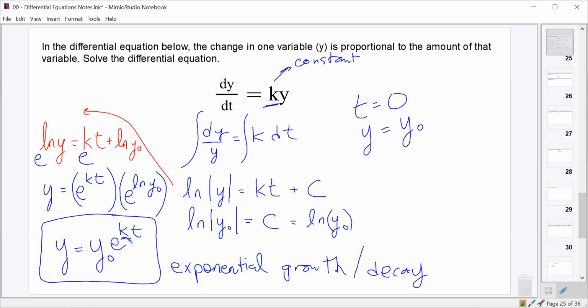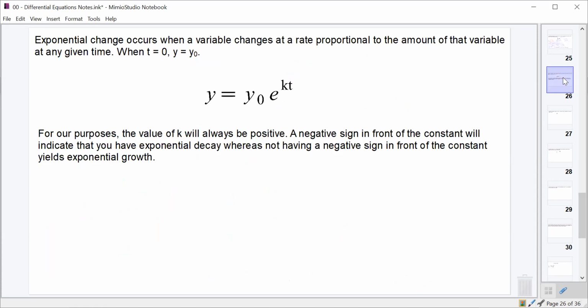So just a couple things we want to remember about this, and we should all have used this formula before in a pre-cal or an intermediate algebra, integrated math 3 course. But that k is always going to be a positive value. Now, sometimes what we'll do is if we want decay, we will just throw a negative sign in front of that k value.